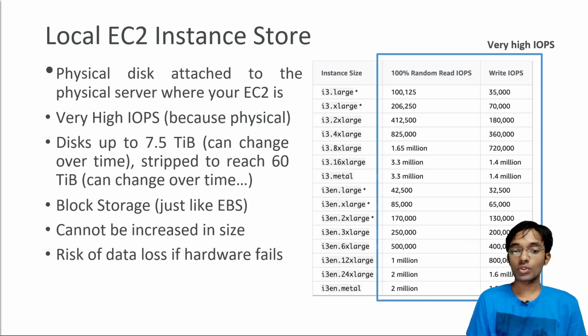So you get a lot of IOPS, and it is still block storage just like EBS, but it is a physical device, not a network device. It's directly attached to the instance, and it cannot be increased in size. And in case your EC2 instance fails or gets shut down, you will lose your data, because it is a physical disk attached to your EC2 instance. That's the instance store.